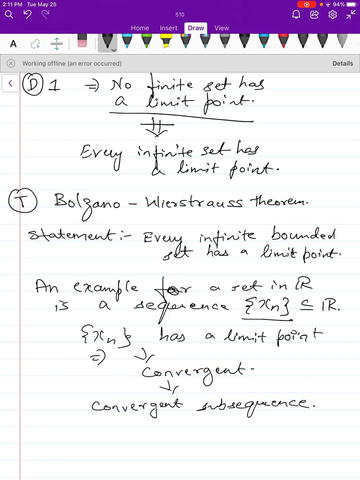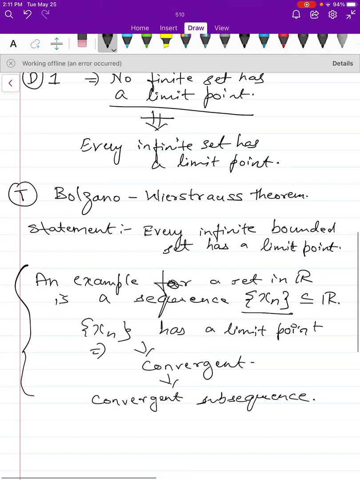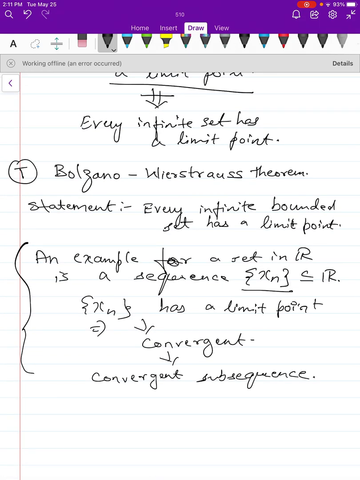So we will learn in detail about all this in the next chapter. But just to clear your confusion about why some books define the Bolzano-Weierstrass theorem in a different way, I'm just giving you an explanation.